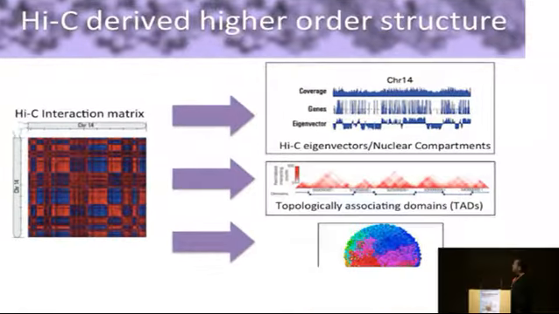And as these eigenvectors change, as they flip, as we wander along the chromosome, they also define nuclear compartments, or what you might call nuclear compartment domains. So we have two levels of domain structure here that we're interested in.